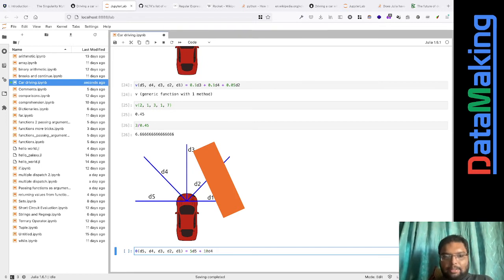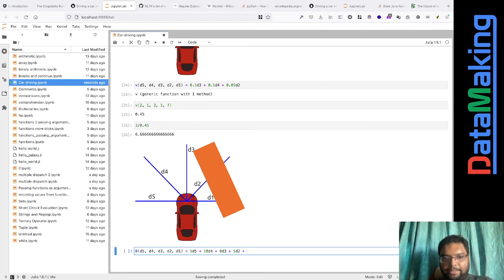I don't want to include D3 because I don't think the angle of turning depends on D3, so it's just 0. No need to include D3, but anyway I'll put 0 D3. And then once again, I'll put 5 D2.